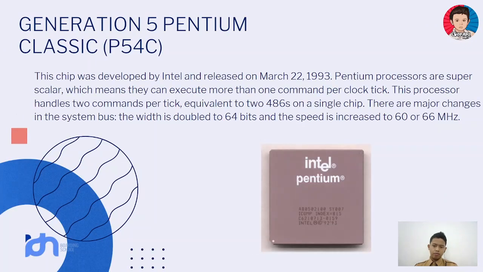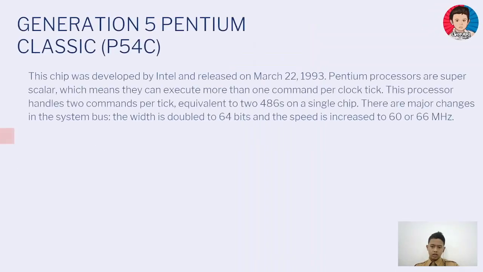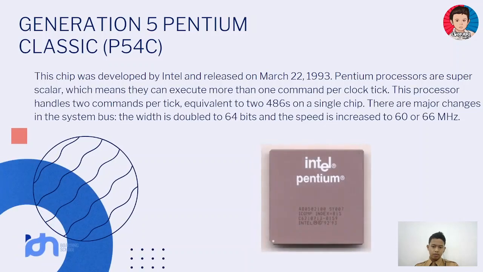Next, generation 5, Pentium Classic. This chip was developed by Intel and released on March 22 in 1993. Pentium processors are superscalar, which means they can execute more than one command per clock tick.